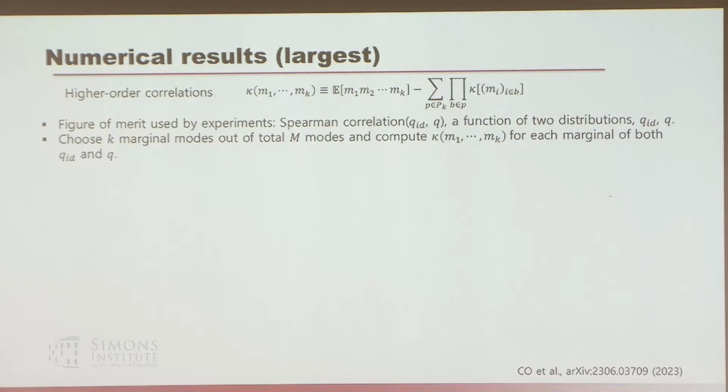So this is between 0 and 1, and 1 means it's perfect. This is the typical way experimentalists do it, and we also follow the same way to see whether ours can win over this benchmark. So we also compute these ideal scores, and instead of using the experimental samples, we used our classical samples.